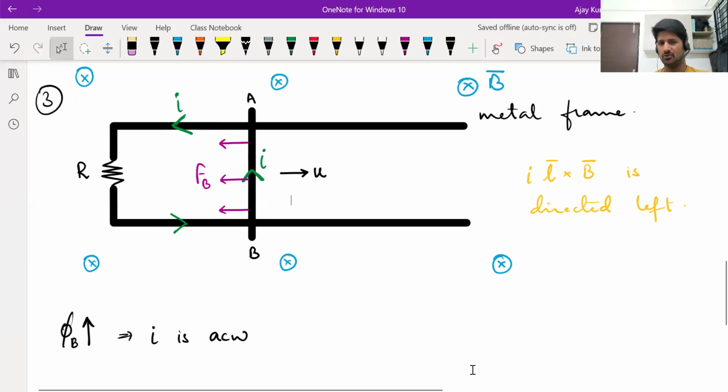We know it is going to slow down. It will continue slowing down. It will stop. After that, will it come back or not is the question. Sir, it will stop. Okay. Why will it not come back? Sir, to come back, it would need a force in the leftward direction, right? Magnetic force is there, no? Will it not be there?